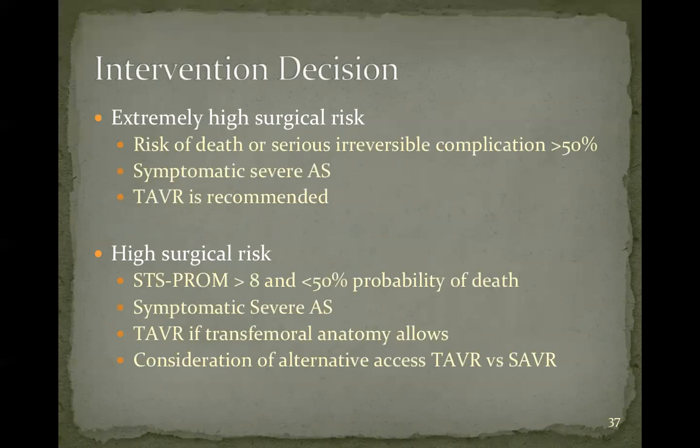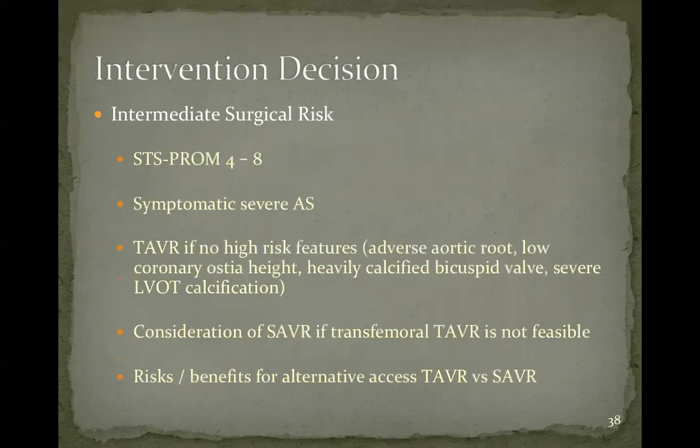If you're unable to do a transfemoral TAVR, you should definitely have a team discussion about whether there can be consideration for alternate access site TAVR versus a SAVR, the surgical aortic valve replacement. If your patient falls in the intermediate surgical risk, so their STS-PROM score is 4 to 8 and they have severe symptomatic aortic stenosis, TAVR is still appropriate if they don't have any high-risk features.